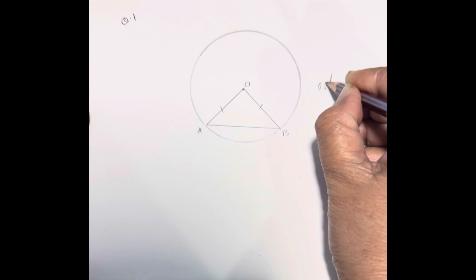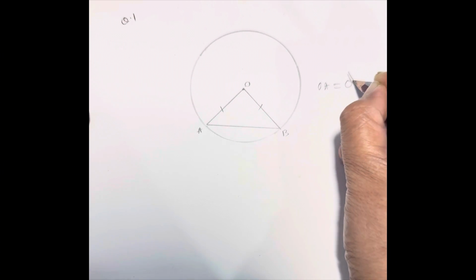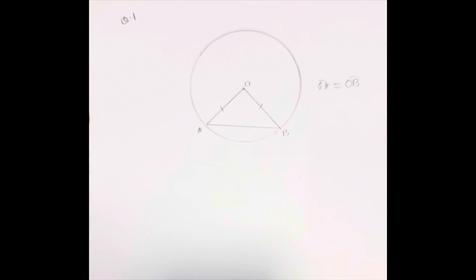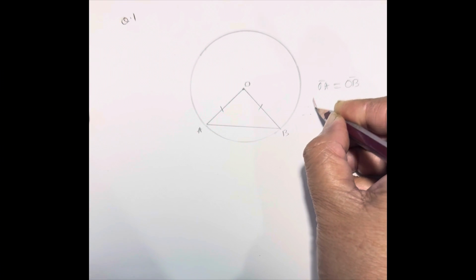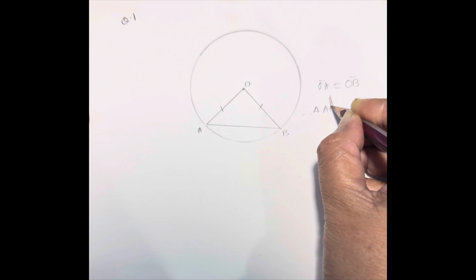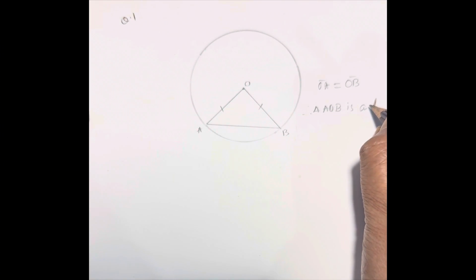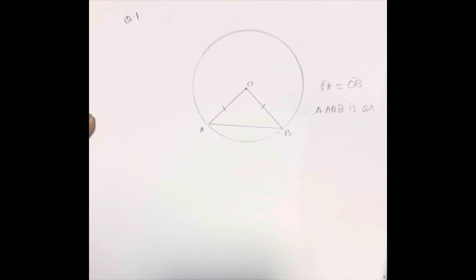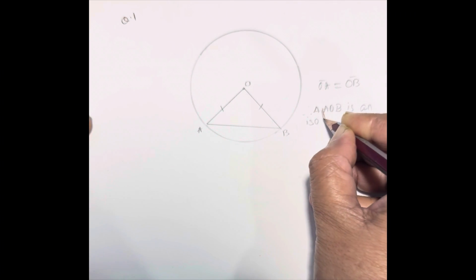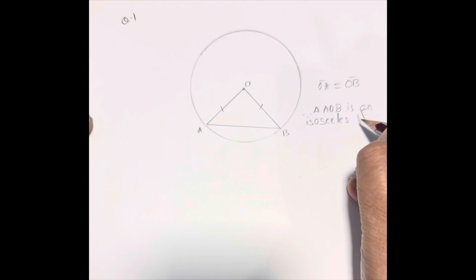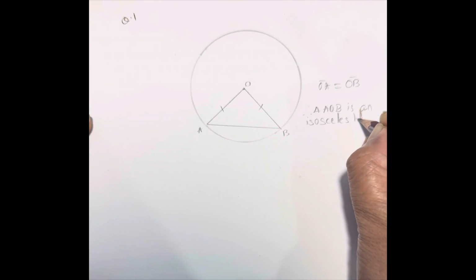OA is equal to OB, right? And AB is different. So therefore triangle AOB is an isosceles triangle. So this is answer number 1.